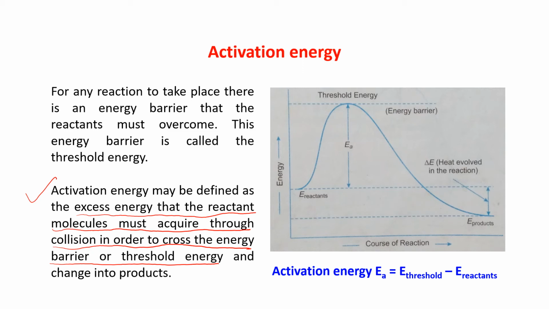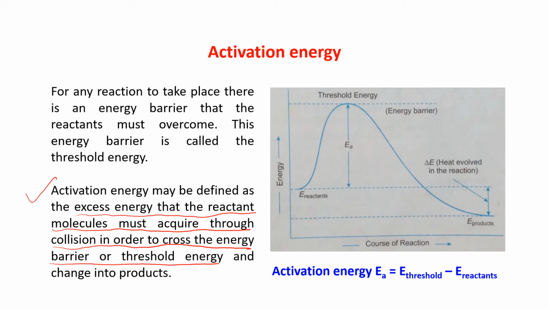You all know that the reactant molecules possess a certain amount of kinetic energy. When they collide with each other, they have to cross a certain energy barrier to form the product. And you know that all collisions will not lead to the product.